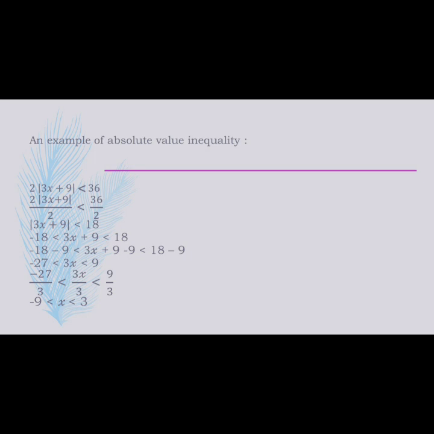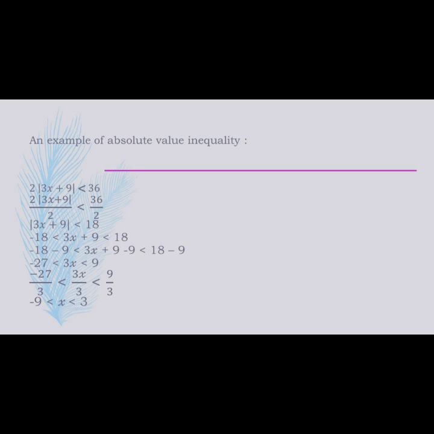Next, in this section, we add negative 18 on the left. Where did we get negative 18? Negative 18 is obtained from the upper limit of 18. So, negative 18 less than 3x plus 9 less than 18.